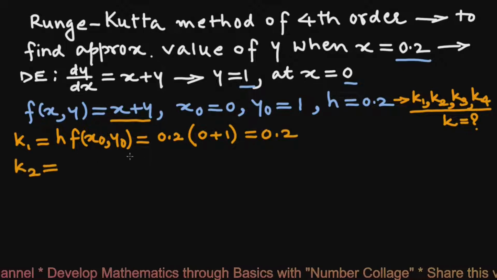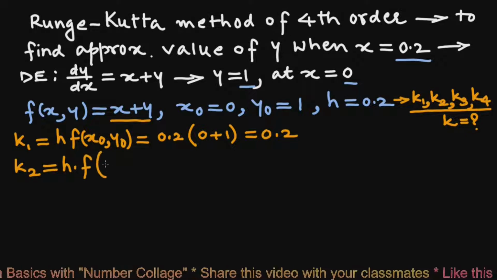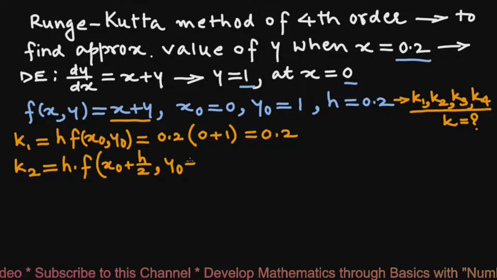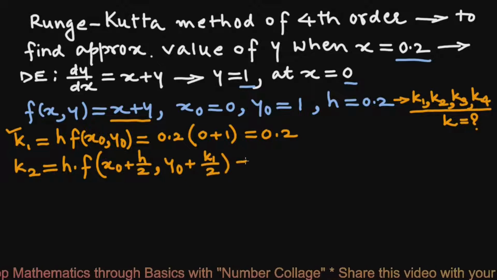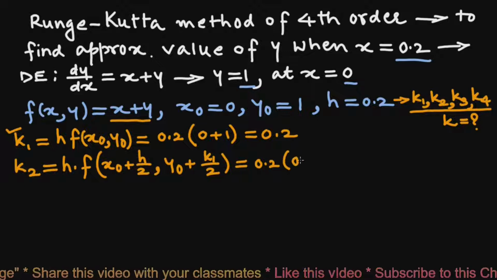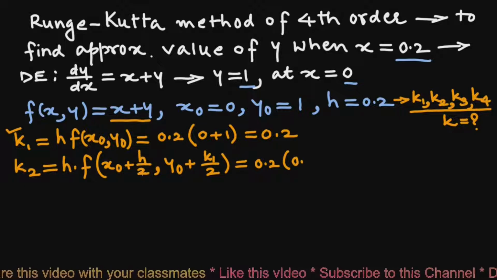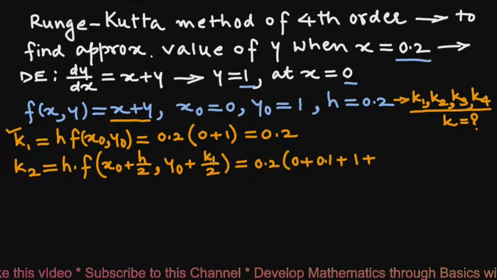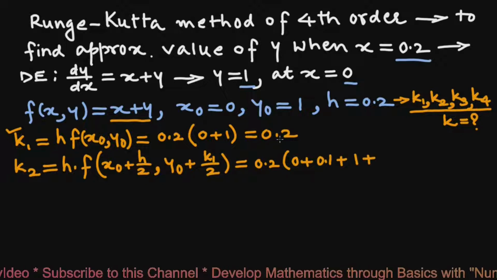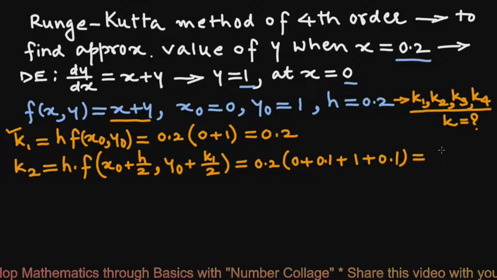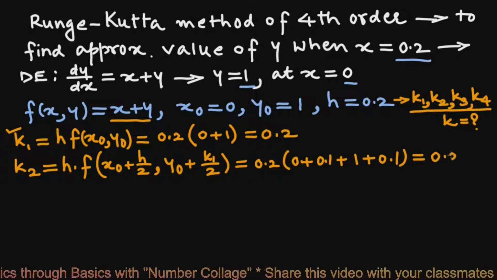Then k2 will be h times f of x0 plus h by 2, y0 plus this k1 upon 2, that will be 0.2 multiplied by 0 plus 0.2 upon 2, that is 0.1, plus y0 is 1 plus k1 upon 2, that is 0.2 upon 2, 0.1, that gives k2 equals 0.24.